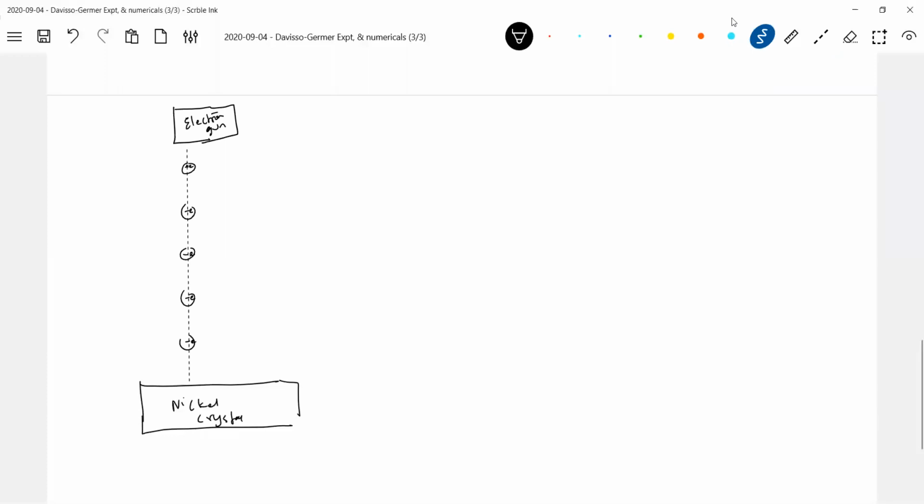So when they saw this, what they noticed is, these electrons, what happened? They were scattered. So they were scattered.